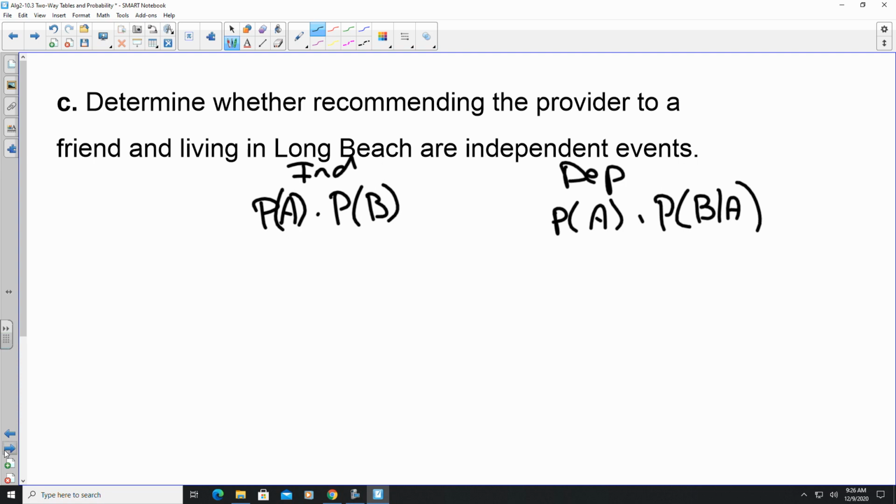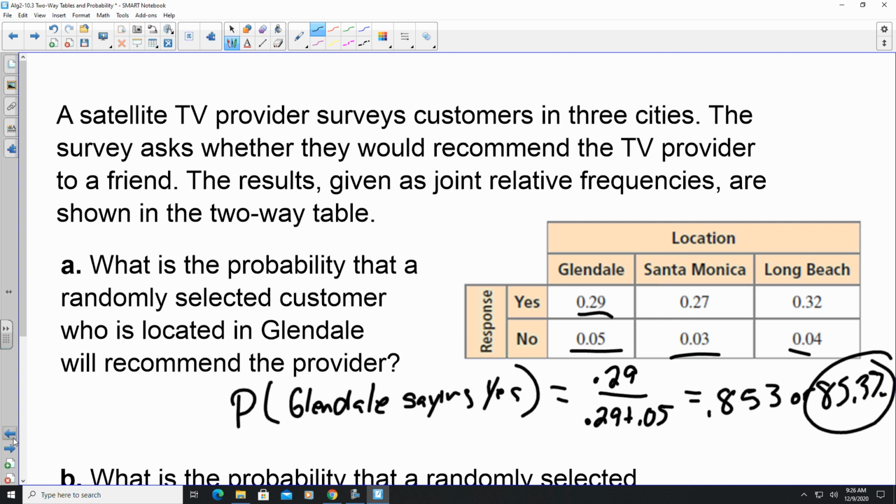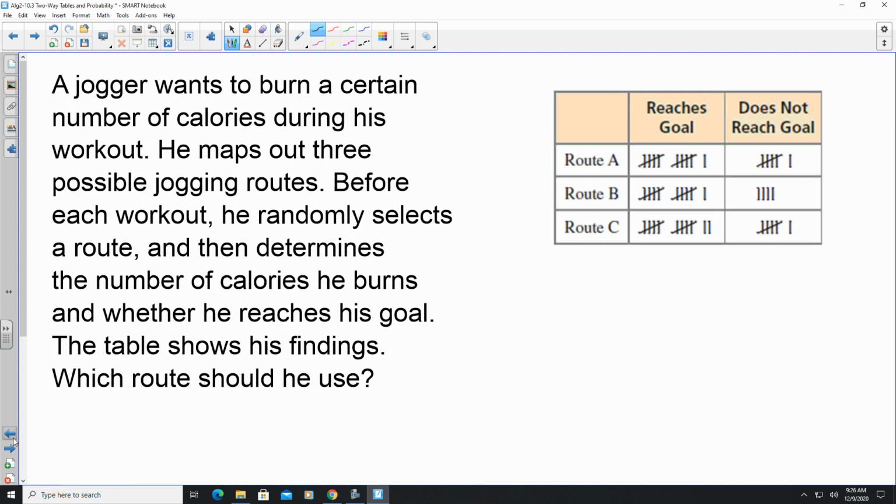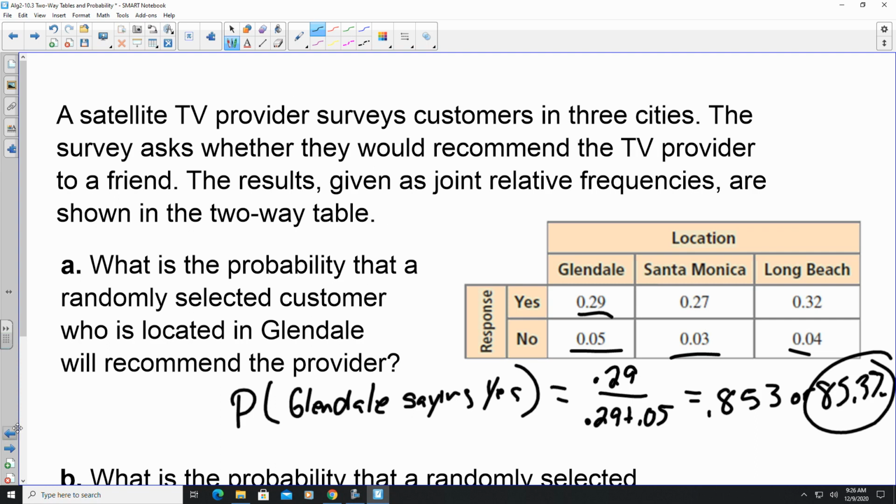All right. So now, the probability of recommending the provider to someone in Long Beach. If we look at the stats here, Long Beach has 0.32 and 0.04.